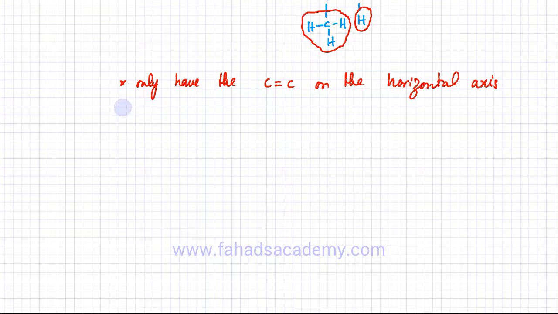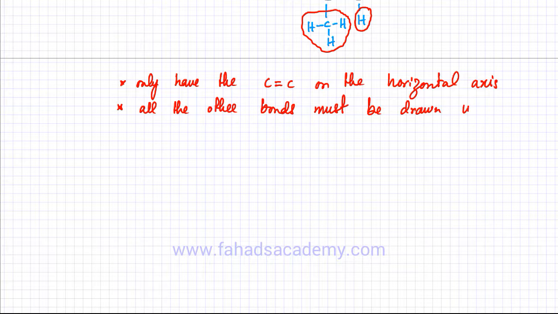And the second rule is that all the other bonds must be drawn either upwards or downwards. There should be nothing to the right and left of these carbon double bond carbons. So all the other bonds must be drawn upwards or downwards.